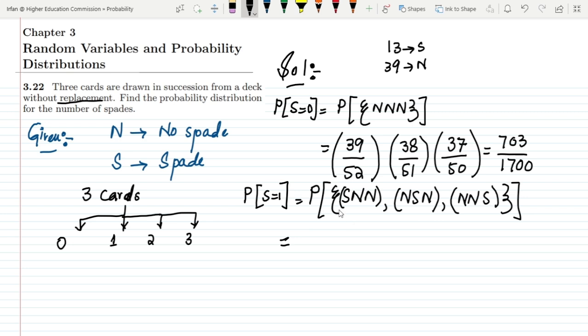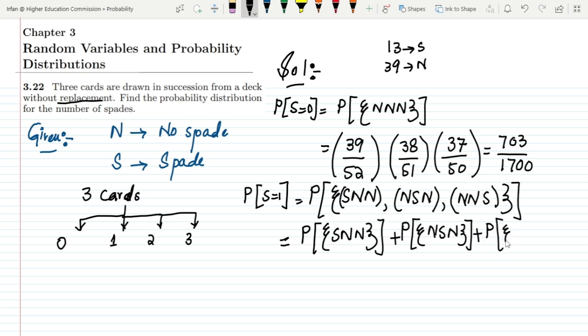So what do we have to do here? Again, using the same terms, it will be S N N, or the probability of N S N, or the probability of N N S. Now, in order to find the probability, we can write their probabilities.